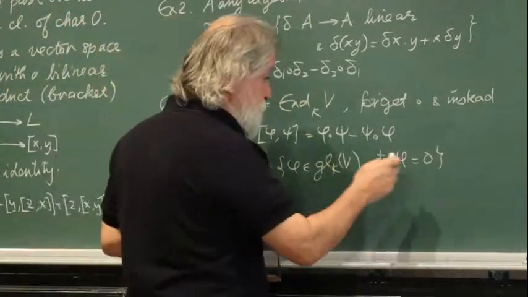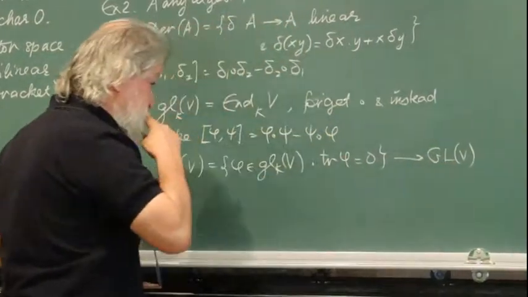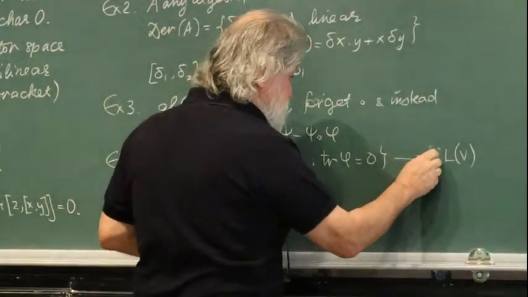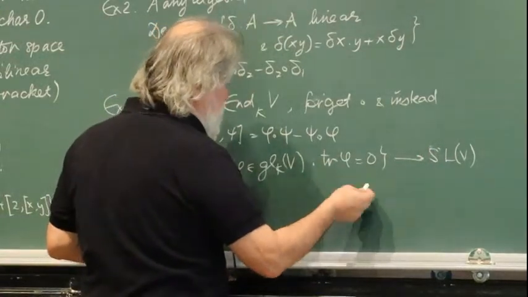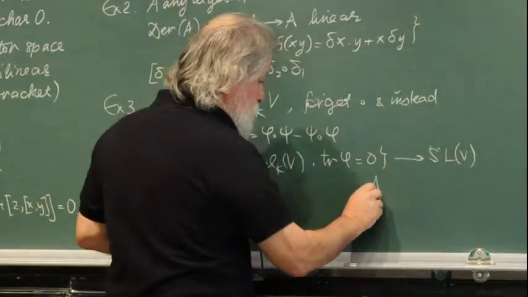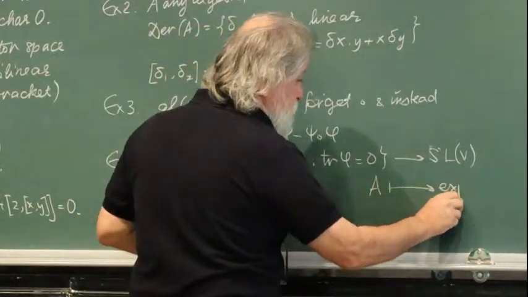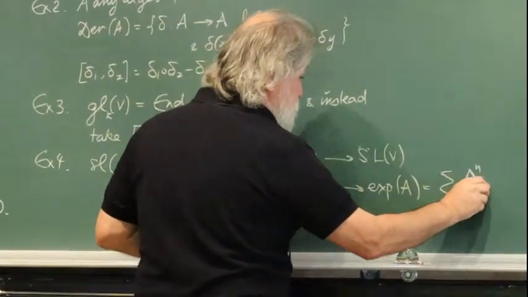And you have a map from GLV into SLV that takes phi or A. You can see them as matrices if you want to. View as matrices and go to exp(A), the usual sum of A to the n over n factorial.